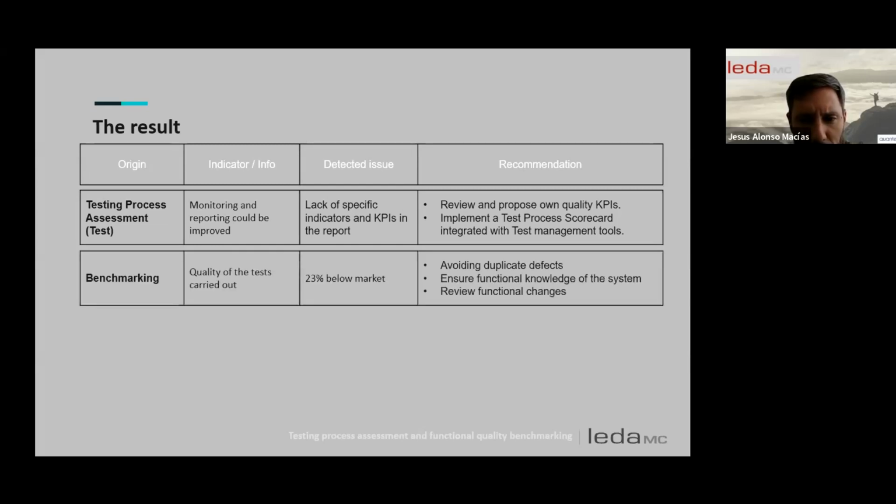Here is a second example. Through benchmarking, we have just seen in the previous slide an indicator that was below the market. The indicator quality of test performed, and the value was 23 below the market.